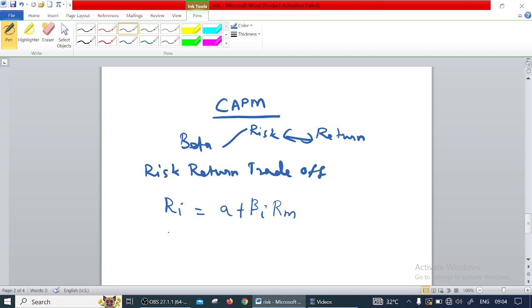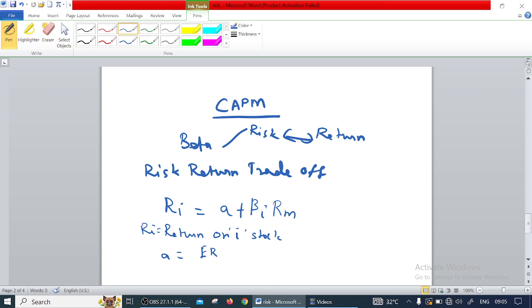Here, Ri means the estimated return on stock i, where i is one stock name. And A is the expected return when the market return is zero.